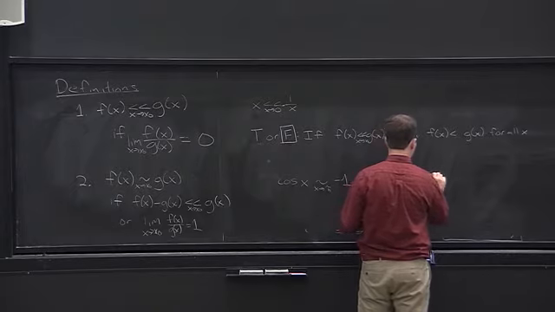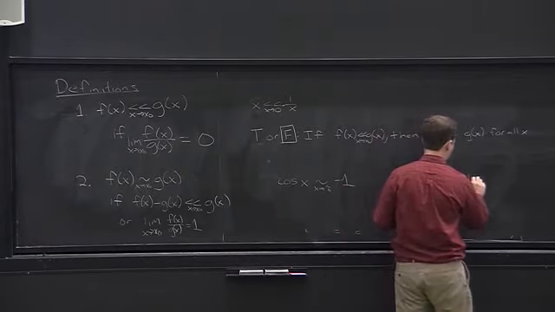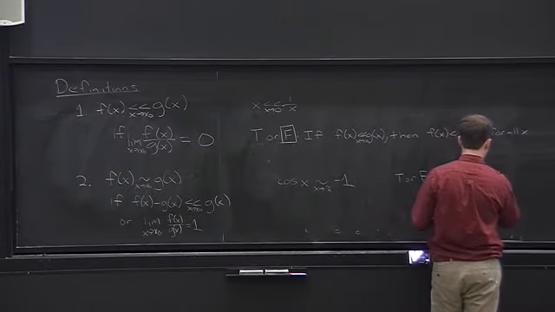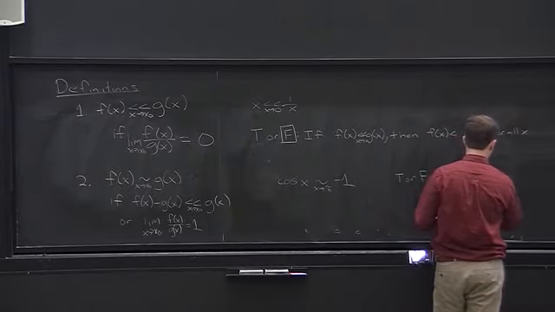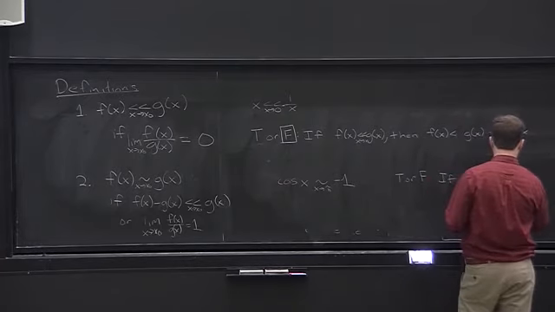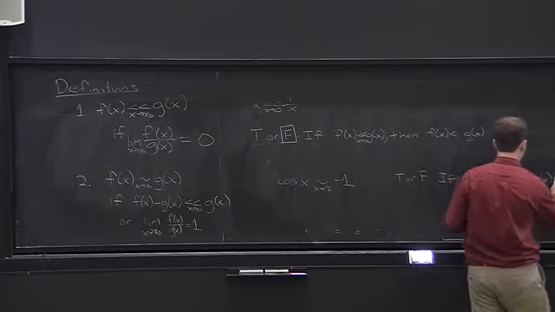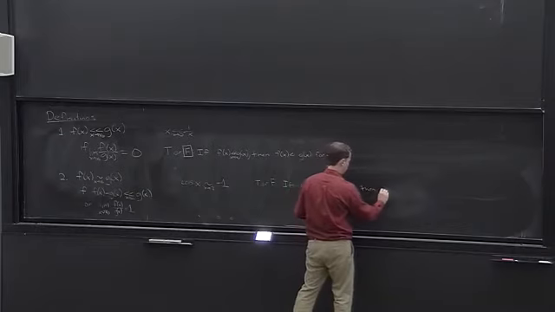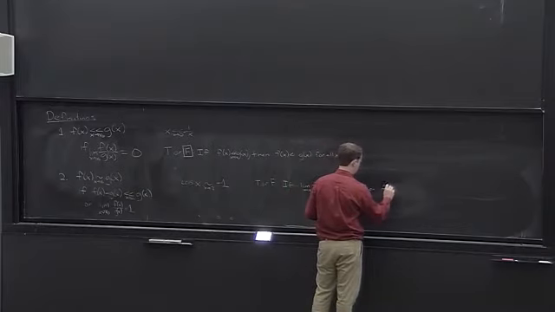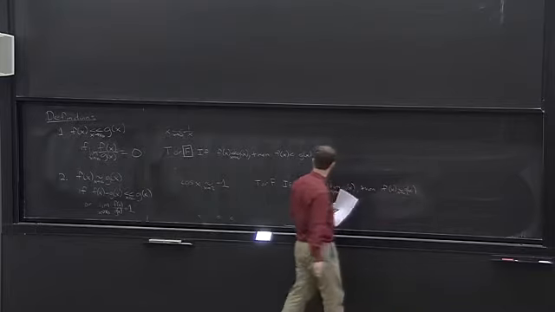True or false? If the limit of f as x goes to x naught equals the limit of g as x goes to x naught, then f and g are asymptotic. This is a true or false statement.